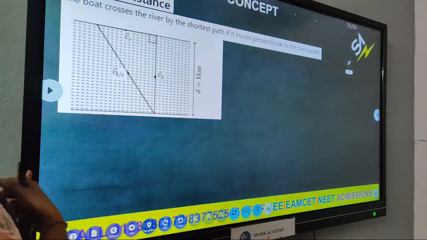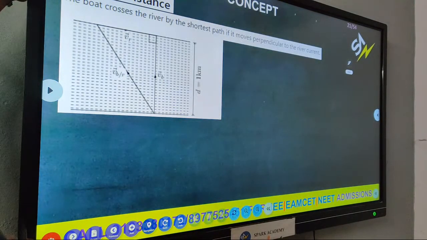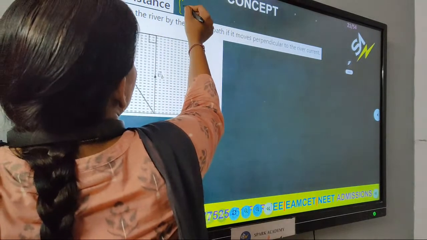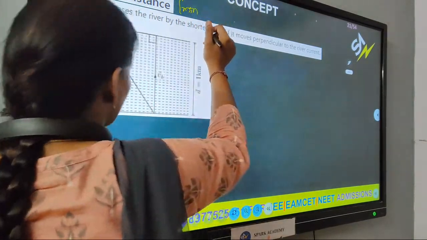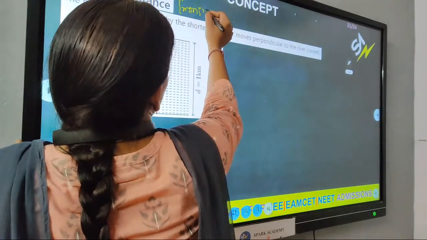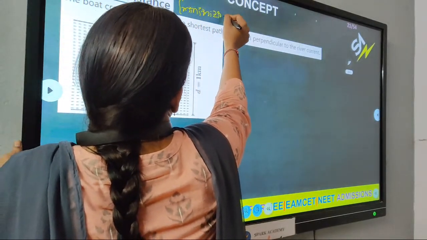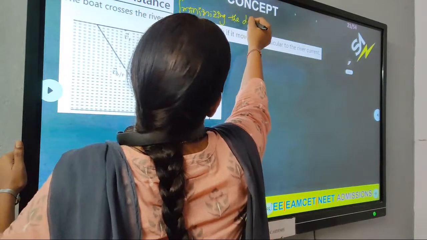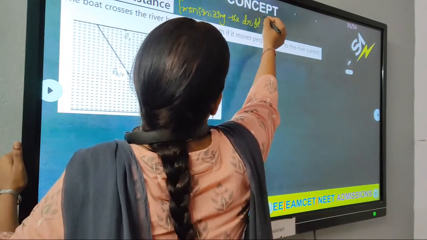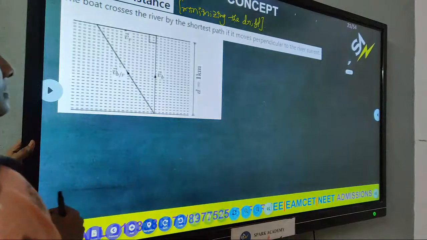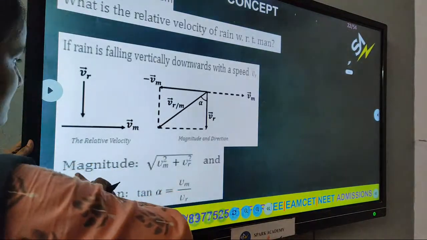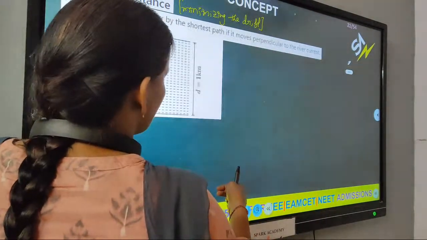So the next case which we discuss here is the shortest distance, which is the condition for minimizing the drift, meaning no drift. Let us observe the first two diagrams.